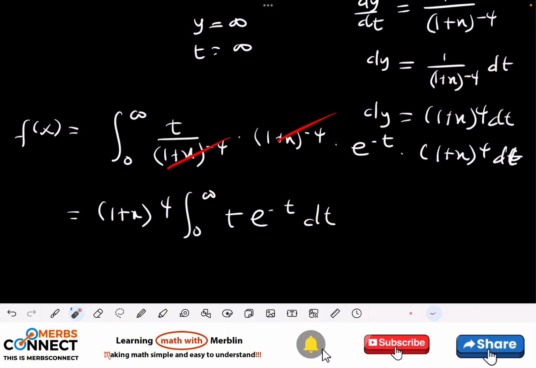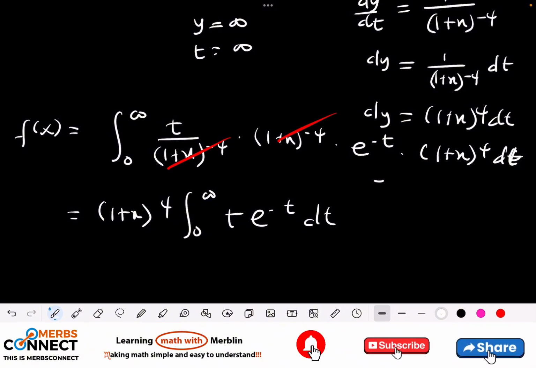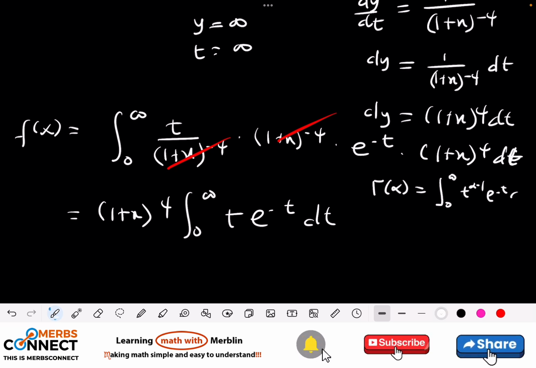Now with this one, we can use integration by parts, or we can use the gamma property. Let me guide you through the gamma property before we use integration by parts. One of the nice properties that we have for gamma is that gamma of alpha is equal to the integration from 0 to infinity of t to the power alpha minus 1, e to the power minus t dt.